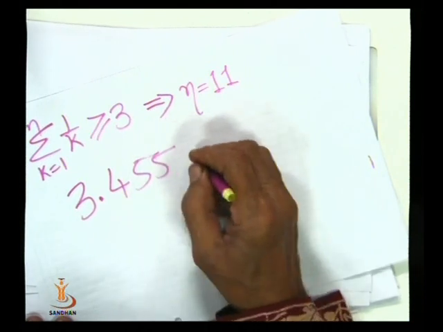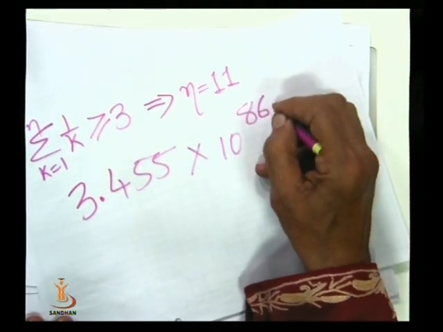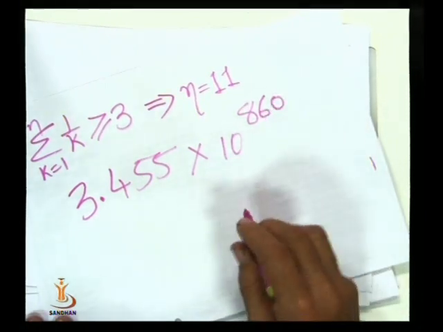You will eventually reach, of course you will eventually reach the end of the road, which is 1 mile, but the approximate time in years that you will take is 3.455 times 10 raised to 860 years.